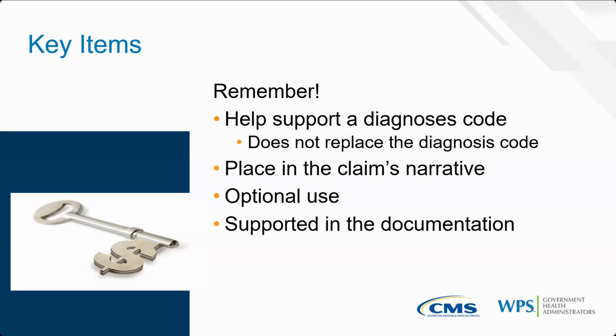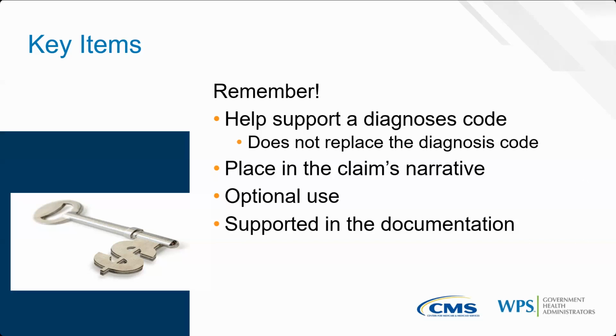Because it's not required and it is not a valid diagnosis code, it must be placed in the narrative fields. It could be placed in the appropriate line narrative field if you're doing an electronic bill, or in either one of the narrative fields on the 1500 or UB04. It depends, but it has to be in there. A lot of questions again on this. It's optional to use, however, you still have to support it in the documentation.